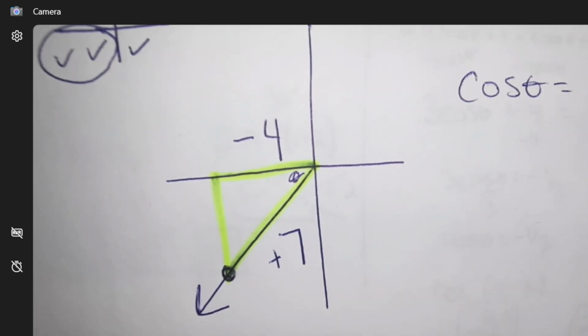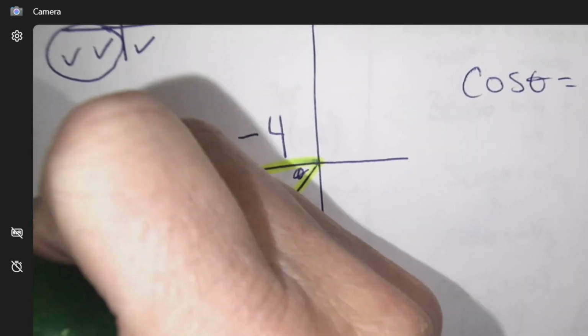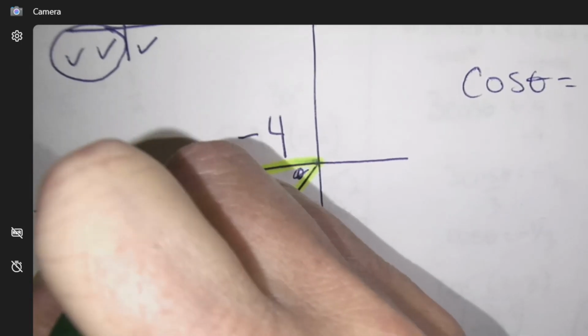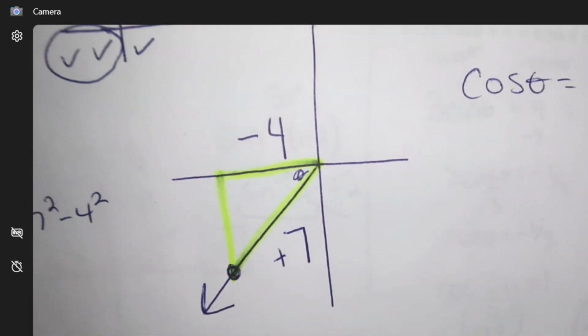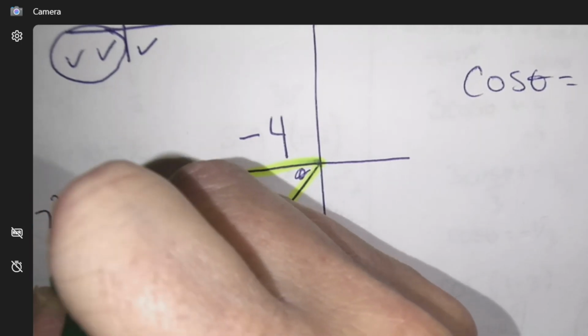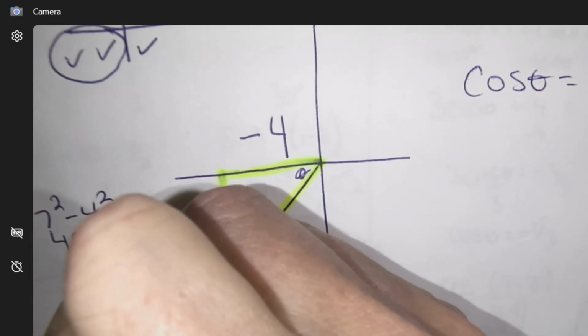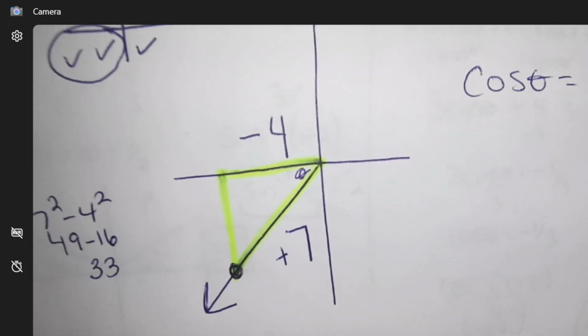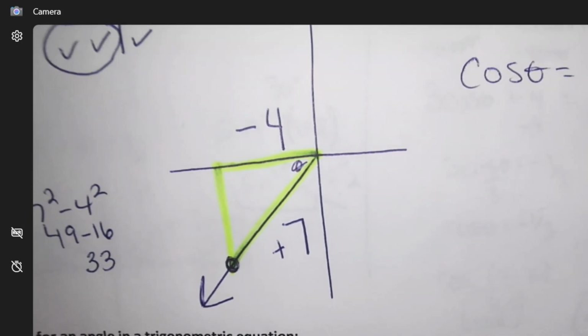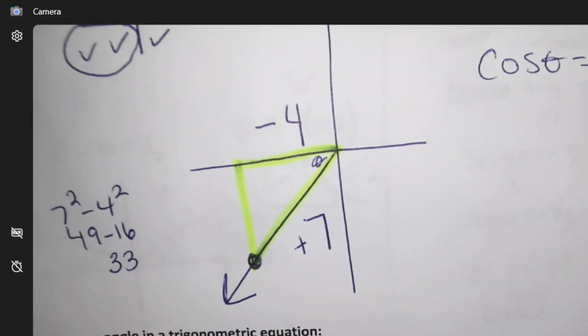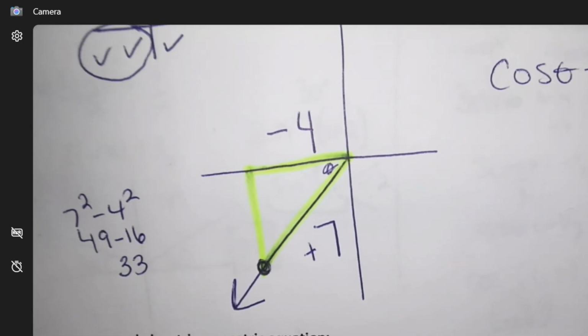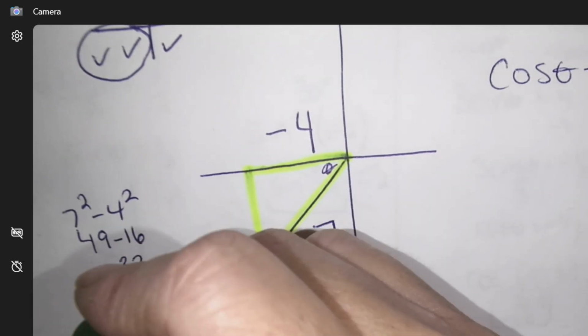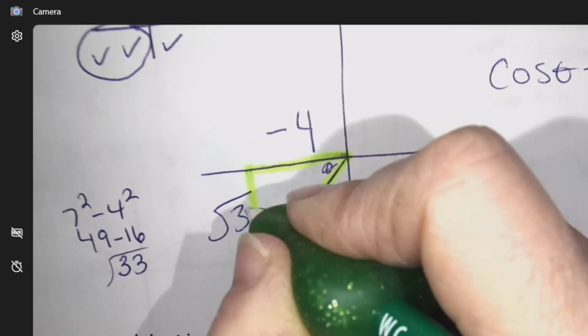Radius can't be negative, is that what you said? Yeah. Okay, Pythagorean. I'm going to do a backwards Pythagorean. So I'm going to do 7 squared subtract 4 squared. And I'm getting that to be a 33. And then that doesn't square root, right? It doesn't square root nicely.